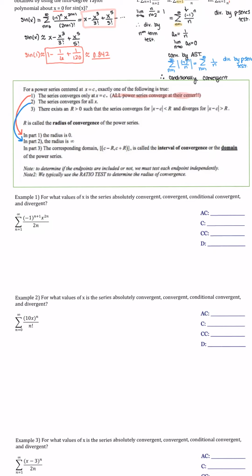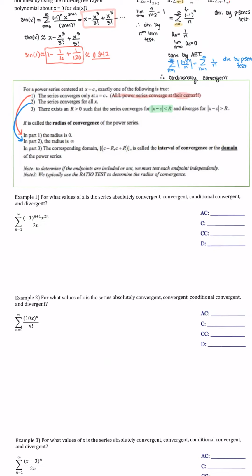And then the last one, the more interesting one. There exists an r greater than 0, such that the series converges for the absolute value of x minus c less than r. This is the notation we see a lot. And then it diverges when the absolute value of x minus c is greater than r.